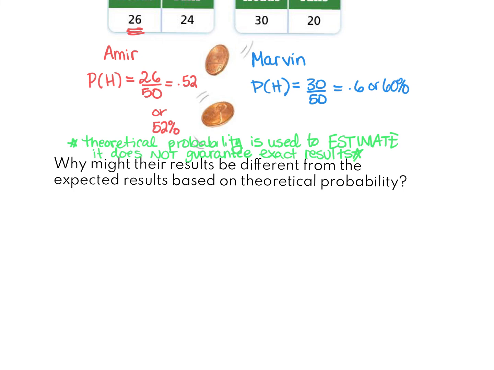So when we talk about why these two results might be different from the expected results based on theoretical probability, and you will get this question a lot, there weren't a ton of trials. The more that they would have flipped this coin, the closer and closer it would get to that theoretical probability of 50%. So we're going to write here, not enough trials.